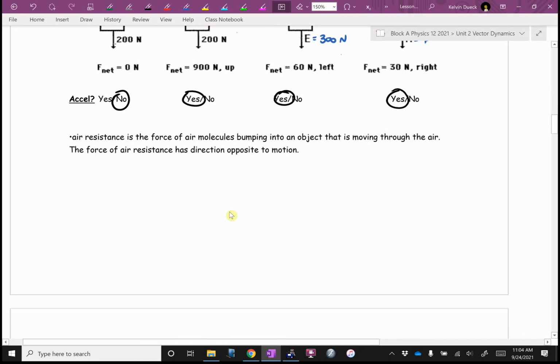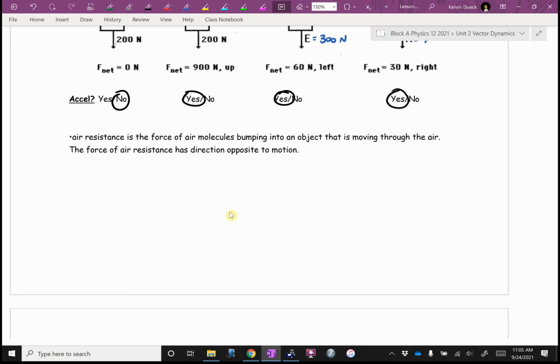Another force that we looked at last year is air resistance. Air resistance is a really, really tricky force. If you've ever held your hand out of the window when your car is moving, you may notice that as you go faster, the force you feel against your hand goes up. And you may notice, though, that you can reduce it by turning your hand.